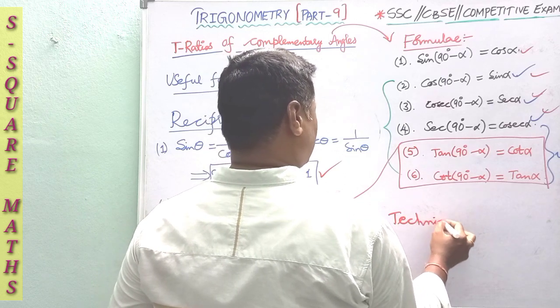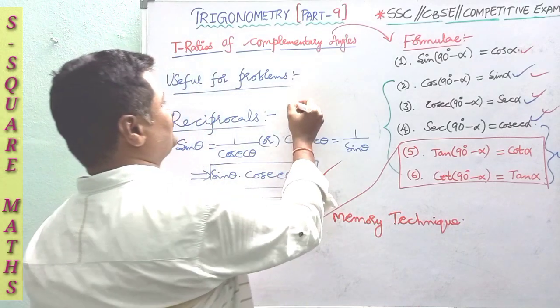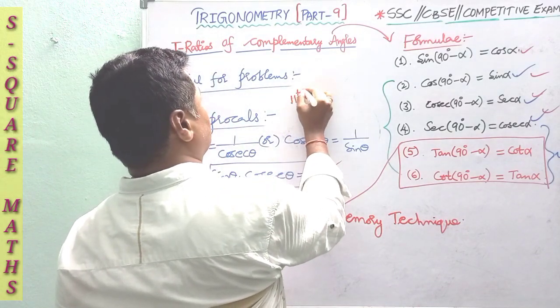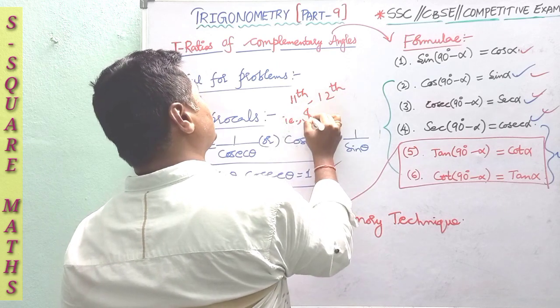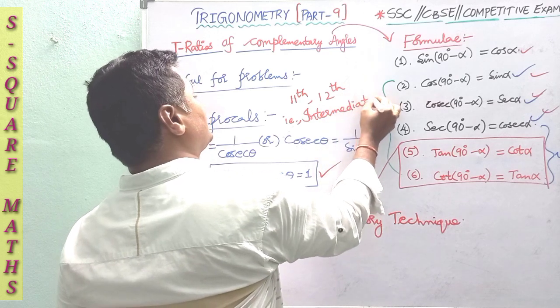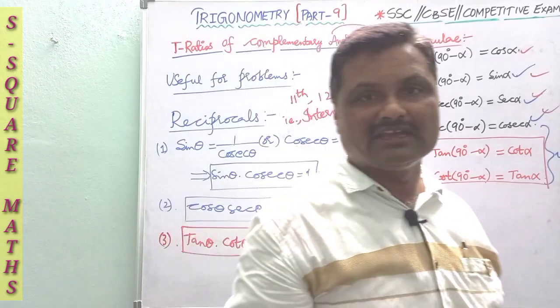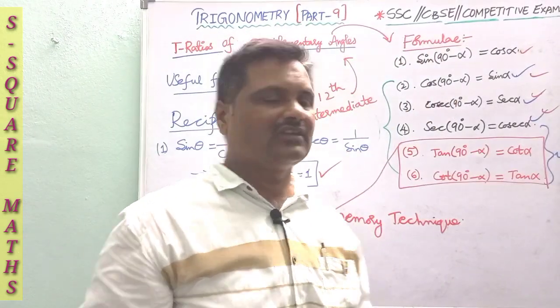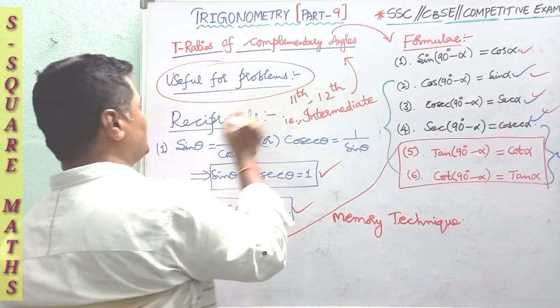So this is a memory technique in order to remember here. At the same time, this concept is very useful for your 11th, 12th, that is intermediate standard, and higher studies also. So please be alert. In the next video, we are going to use these concepts and formulas useful for problems.